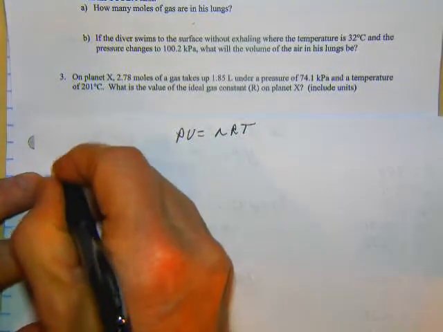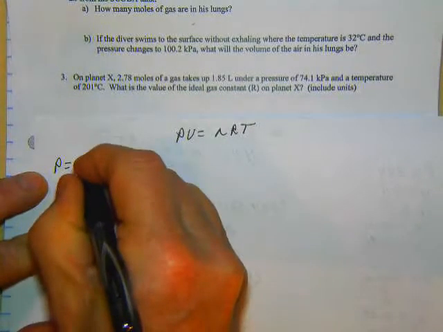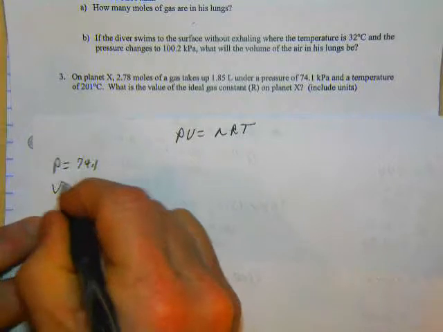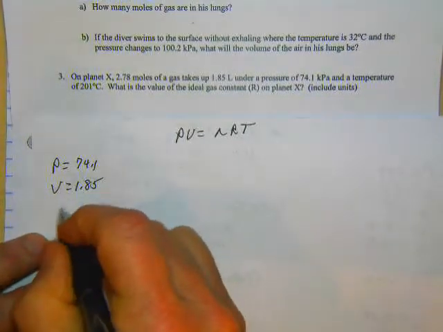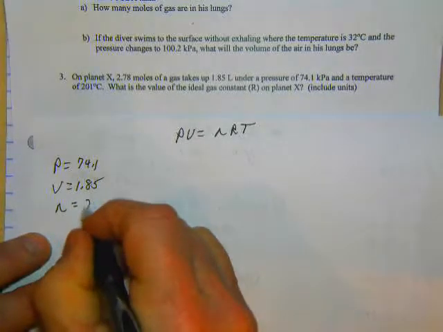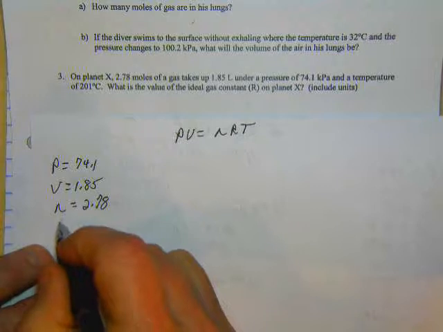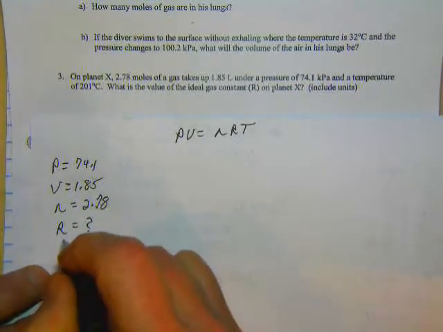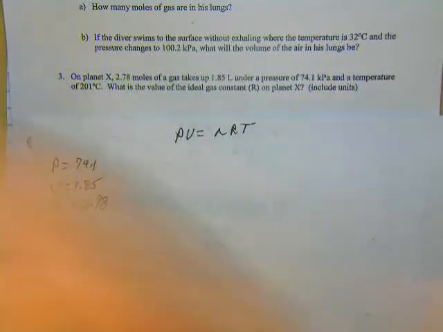The pressure on this one's 74.1. We have a volume of 1.85. We know how many moles, 2.78. And R is what we're going to look for. And the temperature is still in Celsius here.